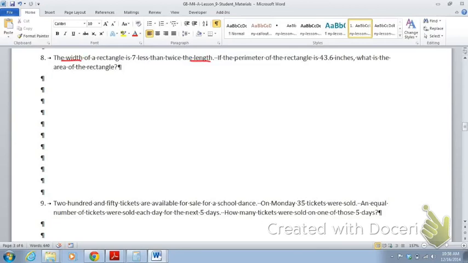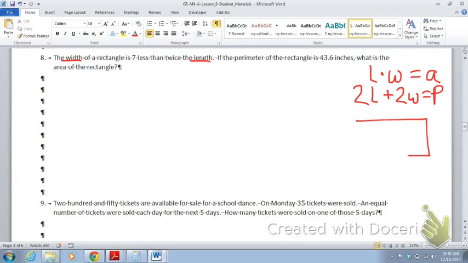Okay, so I remember that length times width equals area. So to solve for the area, if I could find the length and width, then I'd be home free. The perimeter of the rectangle is 2 times the length plus 2 times the width. That's going to be my perimeter.